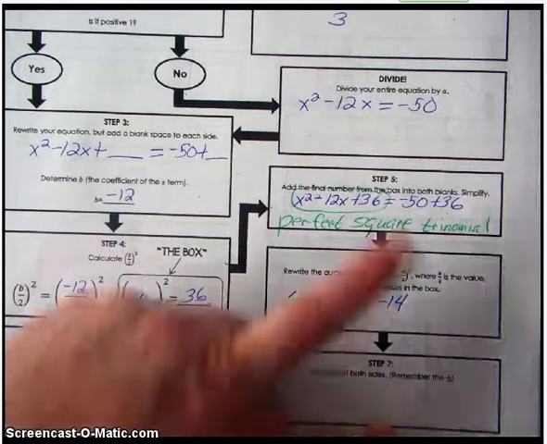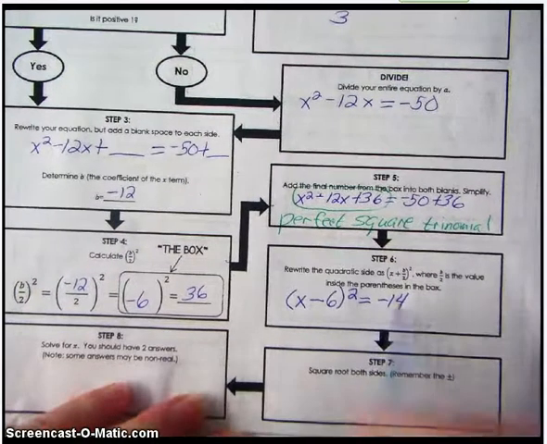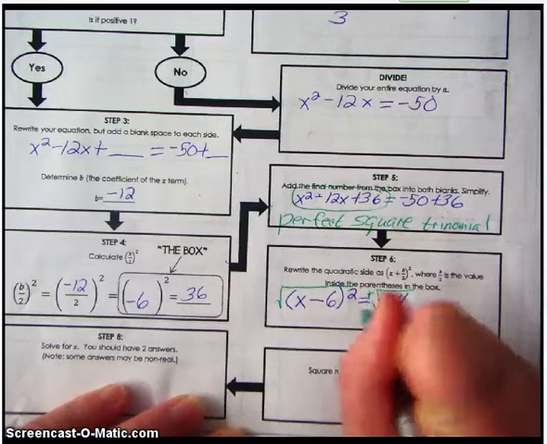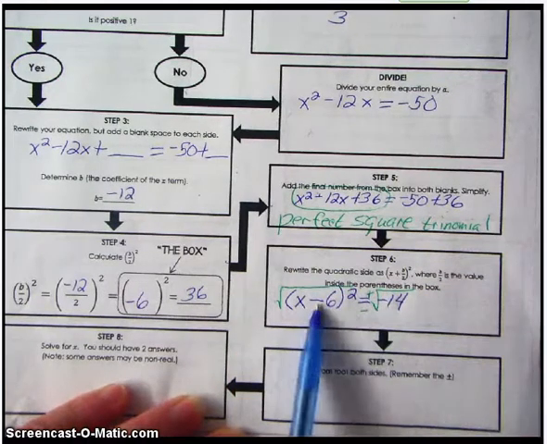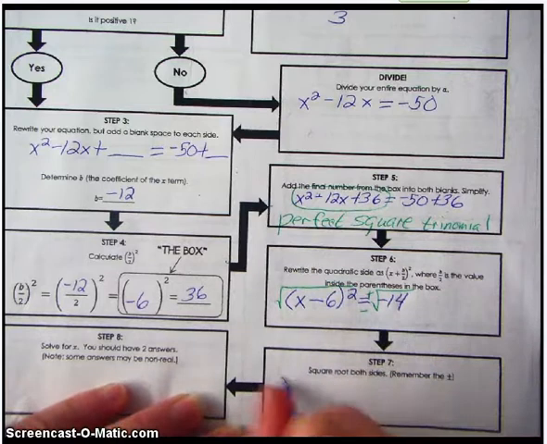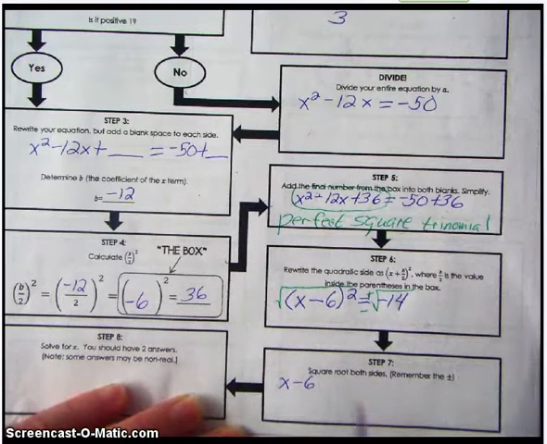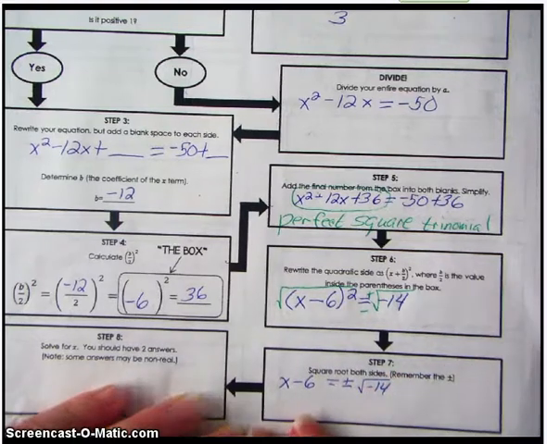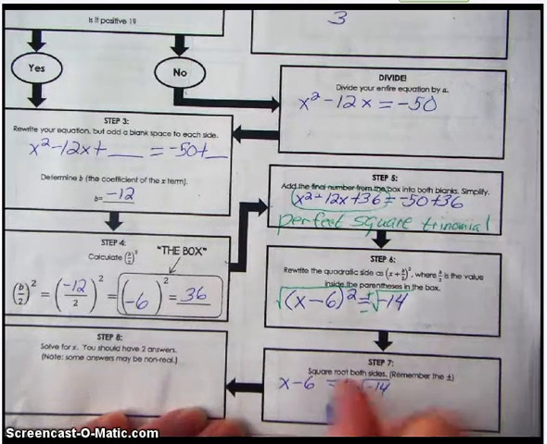All right, then we go down, square root both sides. So if I take the square root, on the left-hand side of the equation, the square root undoes the square. So I have x minus 6 equals positive and negative square root of negative 14. All right, I'm going to put that in simplest form.